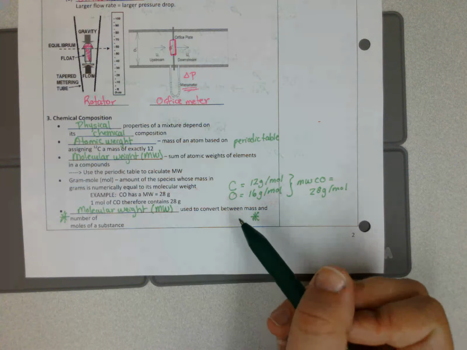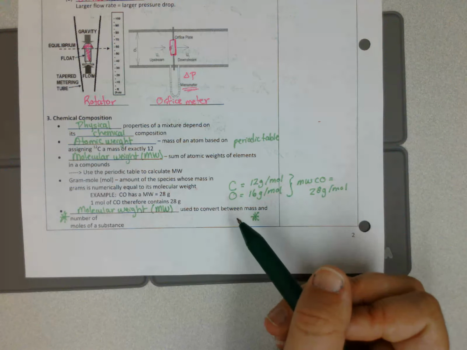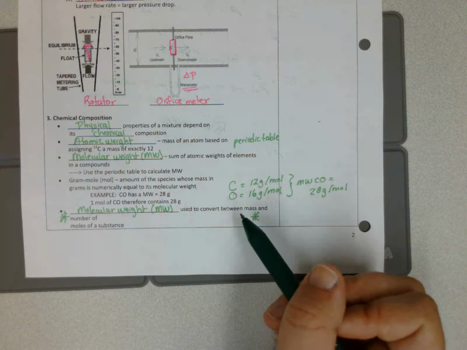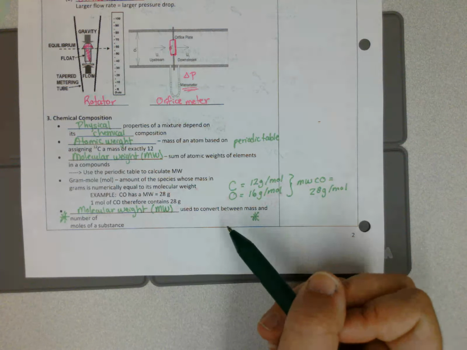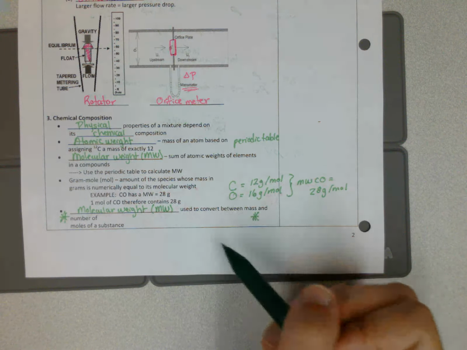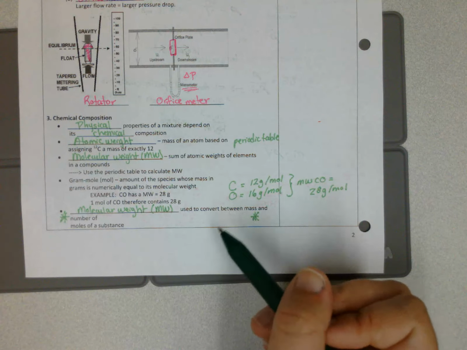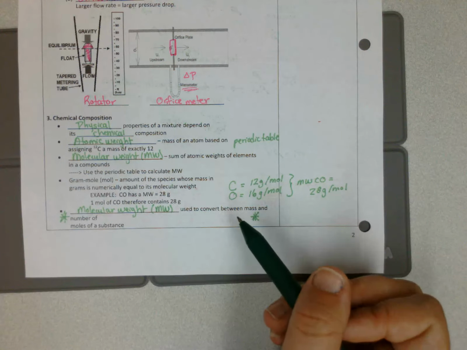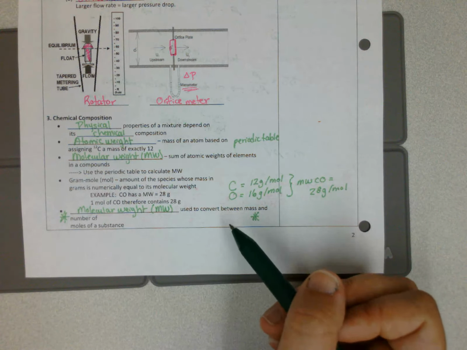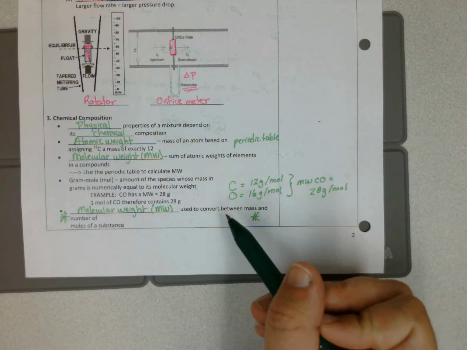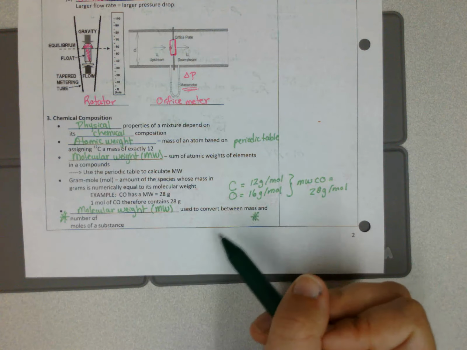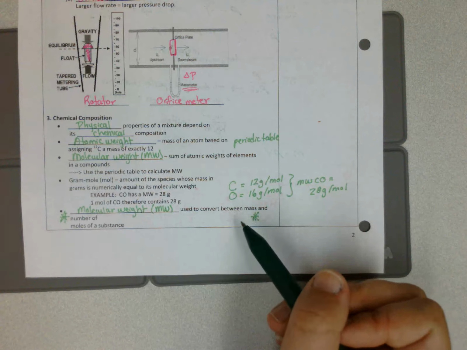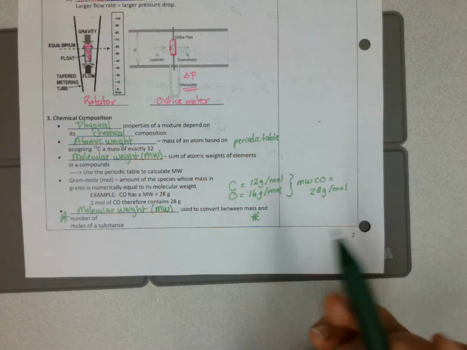Mass cannot be created or destroyed. And when we're talking about solutions, the number of moles is conserved over the entire solution in the system. So as we start to talk about different compounds interacting with each other in a mass balance, you're going to need molecular weight to be able to go between mass and moles. And this is super, super critical.